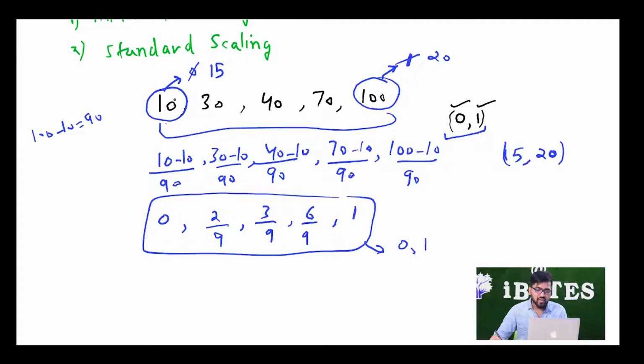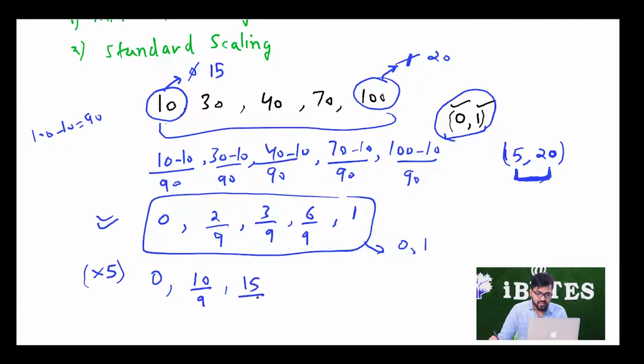So if I want to transform this, first I will always take it from 0 to 1, which we have already done over here. Now I am going to multiply by their difference, that is by 5. If I multiply this by 5, I am going to get 0, then 10 by 9, 15 by 9, 18 by 9 and this will become 5.